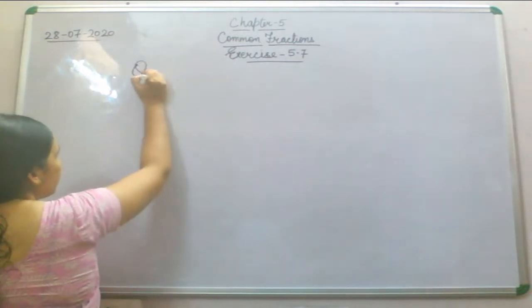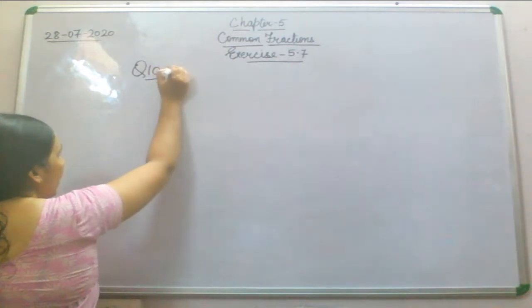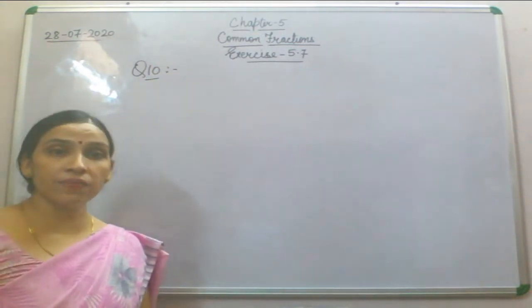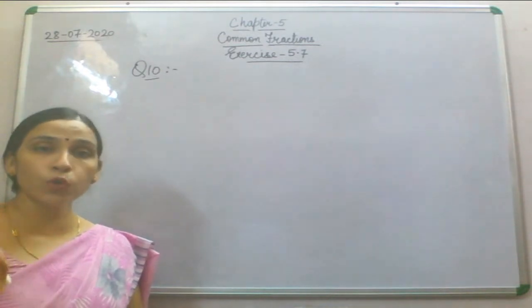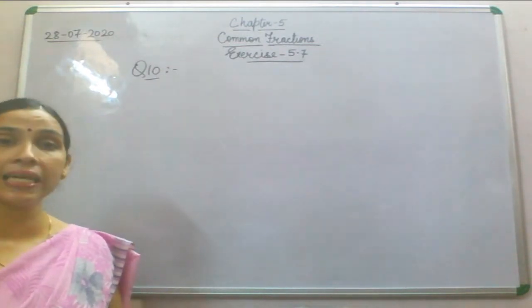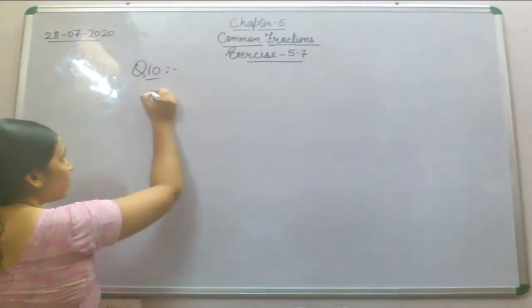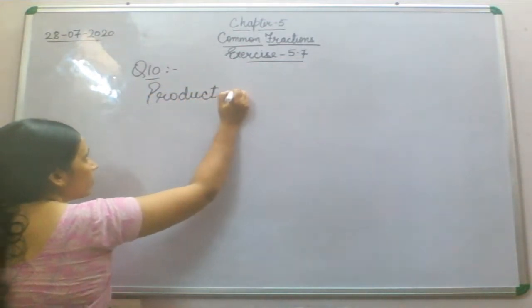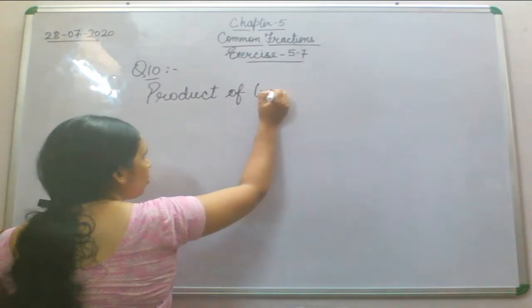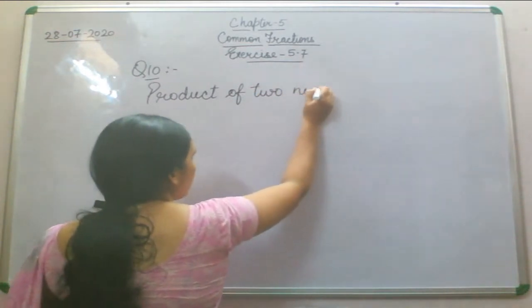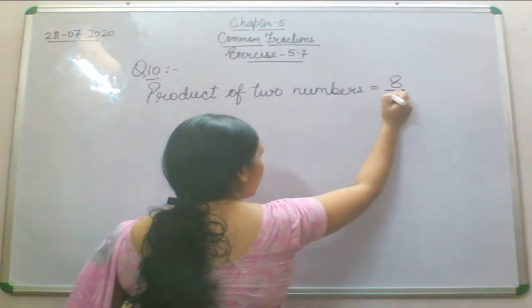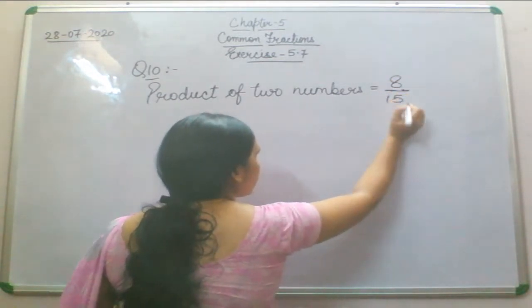Now question number 10. As you have just seen what is given in the question, the product of two numbers has been given, that is 8 by 15. So that will be your first statement, product of two numbers. Now what is the product of two numbers? That is 8 by 15.